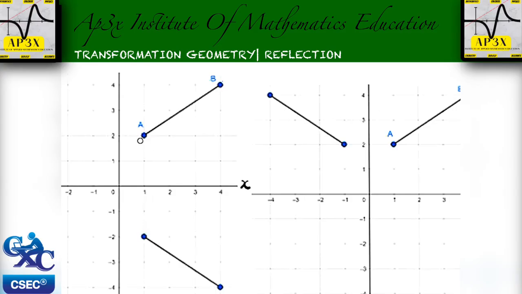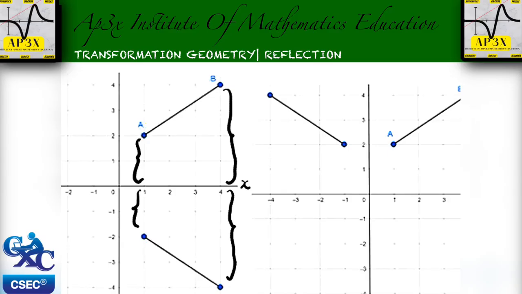So it is 2 units away from the x-axis above, and it's going to be 2 units away from the x-axis below. And again, for point B here, you'll realize that it is 1, 2, 3, 4 units away from the x-axis. So therefore, it's going to be 4 units below the x-axis for the reflection of that line.